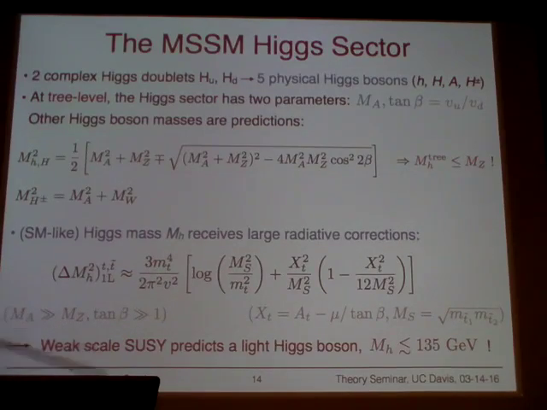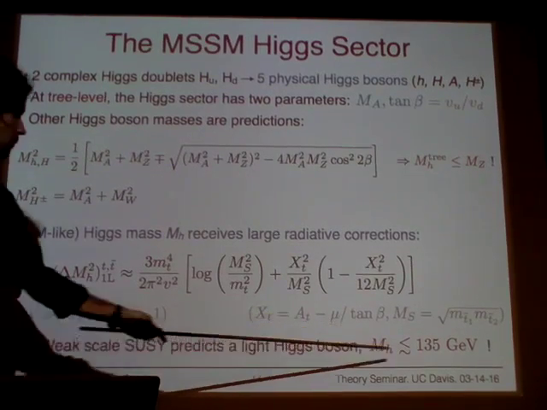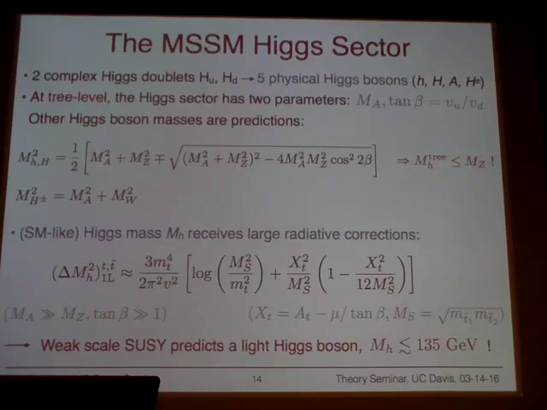So you can actually take this as a selling point for the MSSM, that it actually predicts a light Higgs with around this mass region where we found the light Higgs.